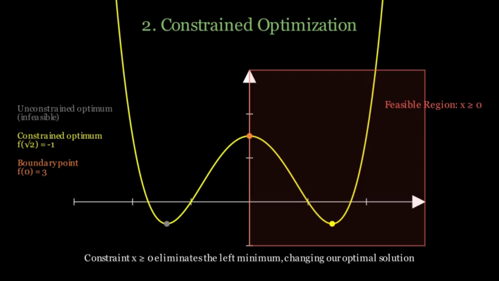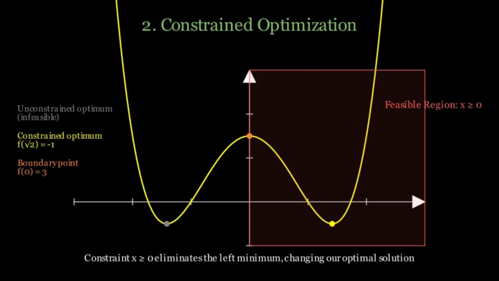The gray dot shows our old unconstrained optimum, now infeasible. The yellow dot at x equals positive square root of 2 becomes our new constrained optimum with value negative 1. The orange dot at x equals 0 sits right on our constraint boundary with value 3. This demonstrates a fundamental principle: constraints don't just limit our choices, they completely change what optimal means. Our best achievable solution shifts from left to right.